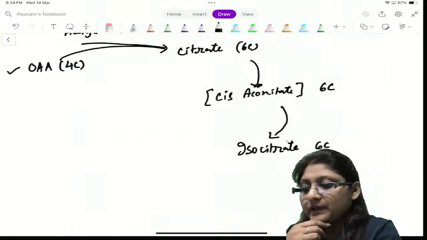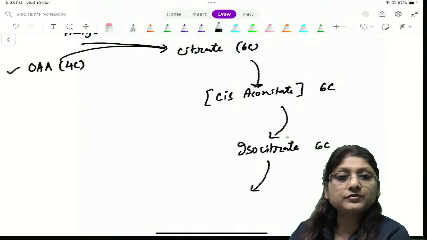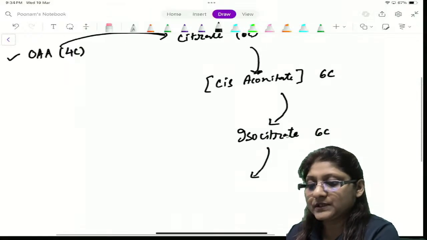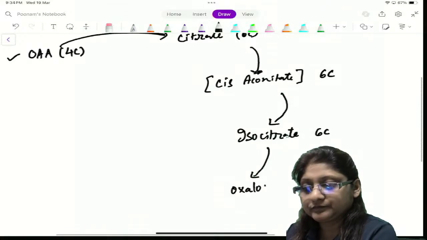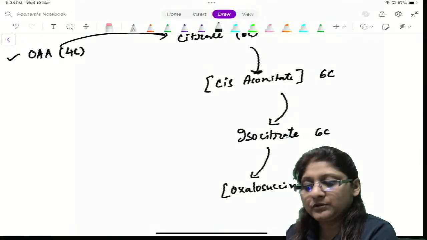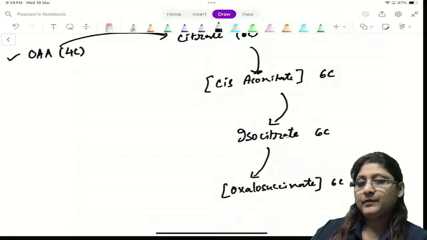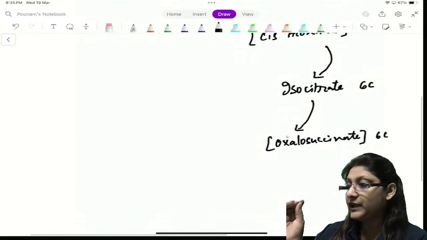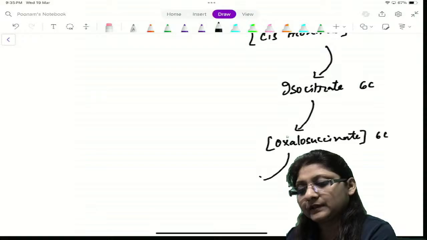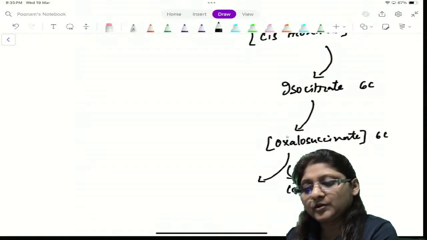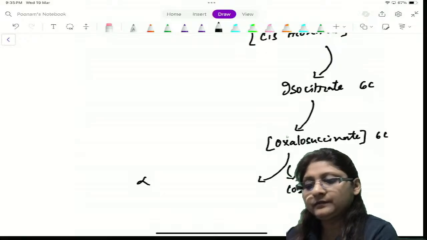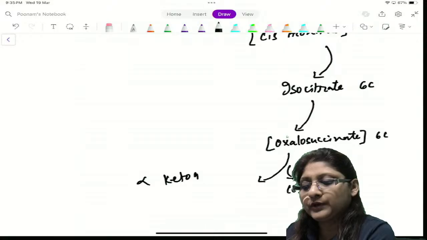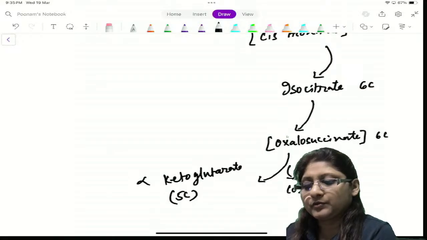Now this isocitrate is going to be converted to oxalosuccinate, which is again a 6-carbon compound. We write it in brackets because this intermediate is there for very little time in the cycle. It is quickly decarboxylated, resulting in the production of alpha-ketoglutarate, which is a 5-carbon compound.